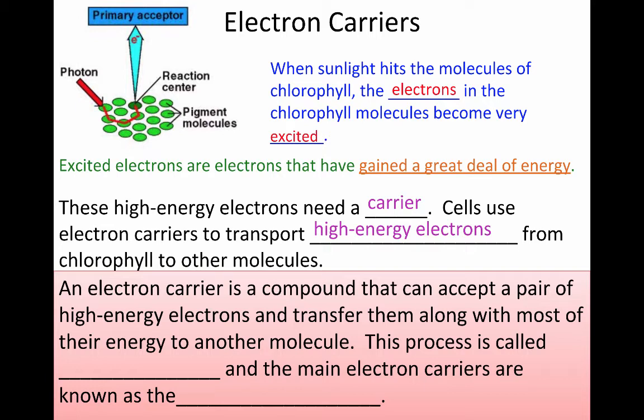Okay, so it's a compound that can take those high energy electrons and transfer them and their energy to something else. They're like the taxi, the electron taxi of cell processes. And so this process is called electron transport. And the main electron carriers are known as the electron transport chain. There are others, but the main one that's going to harvest the energy of those electrons is called the electron transport chain.